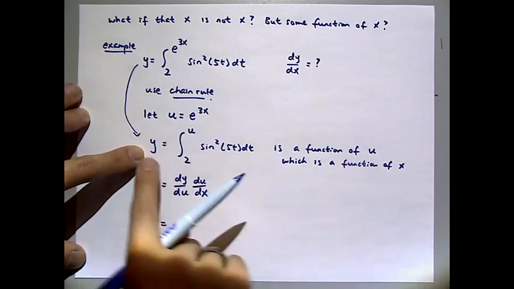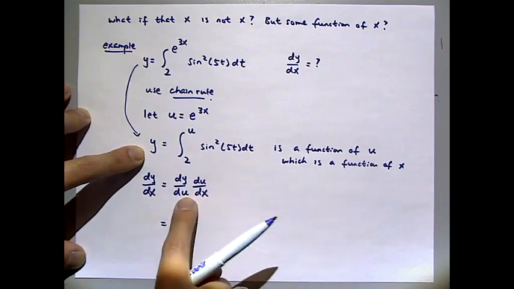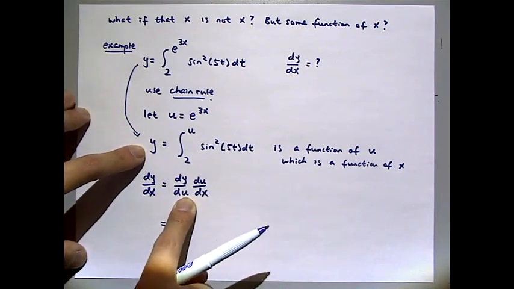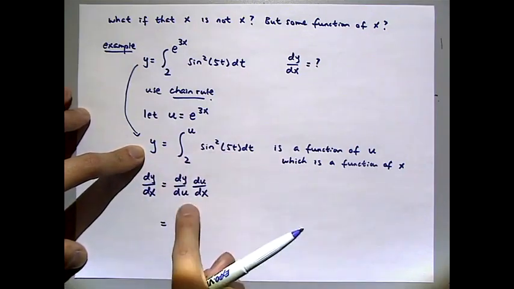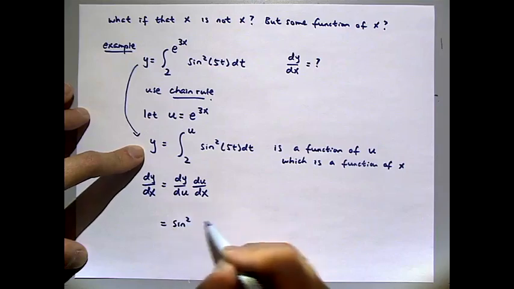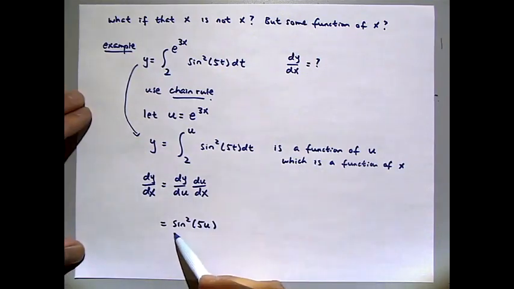The first part is this. Take the derivative of this with respect to u. And that's just the first part, the fundamental theorem of calculus. Okay? The first part, dy/du, this will become sine squared 5u, from the first part of the fundamental theorem.